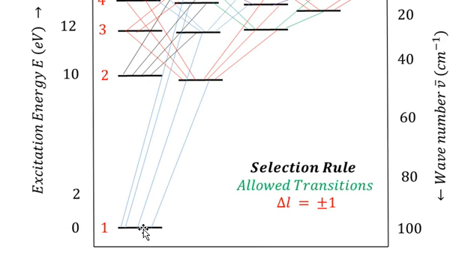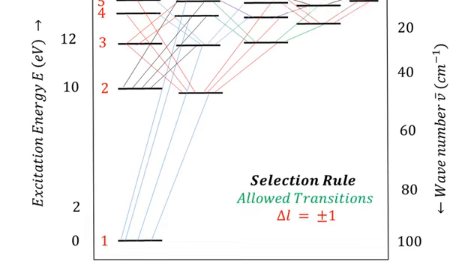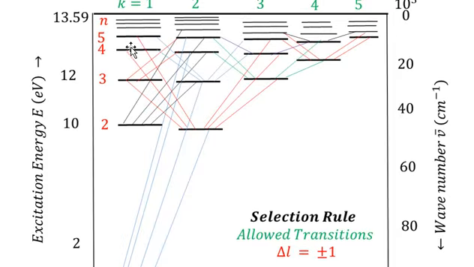I cannot excite the hydrogen atom from the principal quantum number 1 state to the left level of the principal quantum number 3 state. I cannot raise the hydrogen atom from level number 1 to the level on the left corresponding to quantum numbers 4, 5, and so on.